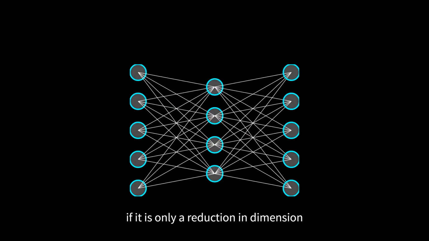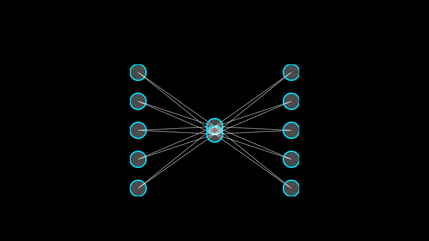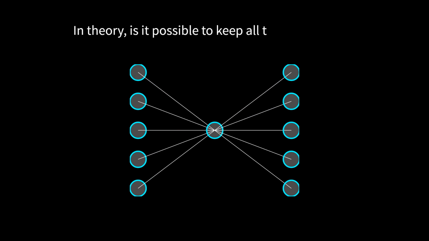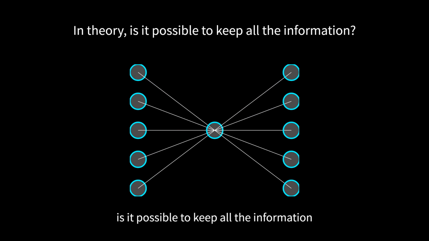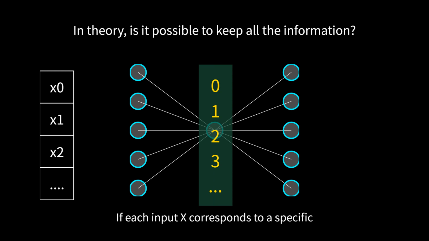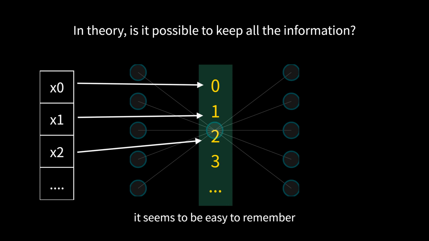If it is only a reduction in dimension, even if it is reduced to one dimension, that is, there is only one value, then in theory, is it possible to keep all the information? In theory, it is assumed that the intermediate values can be 0, 1, 2, etc., all the way to infinity. If each input x corresponds to a specific code, it seems to be easy to remember.